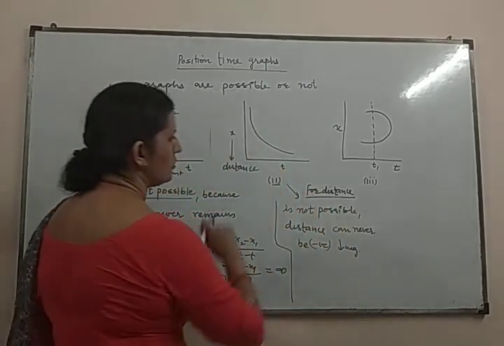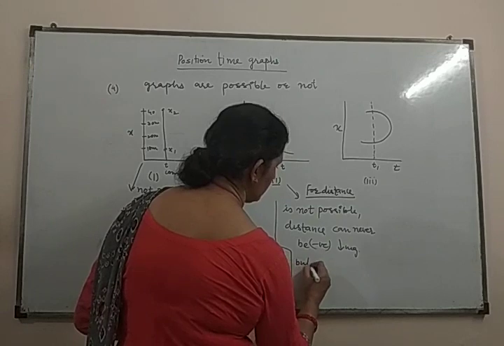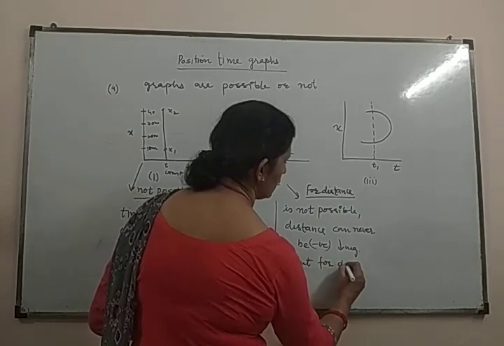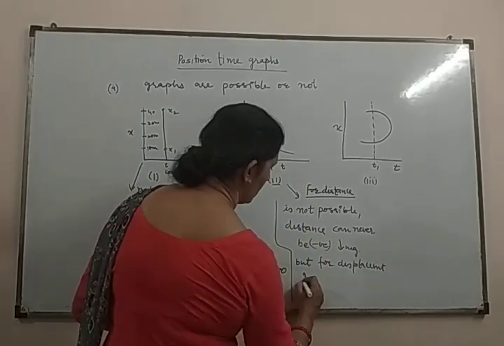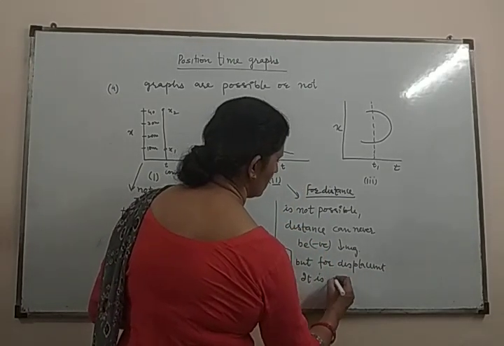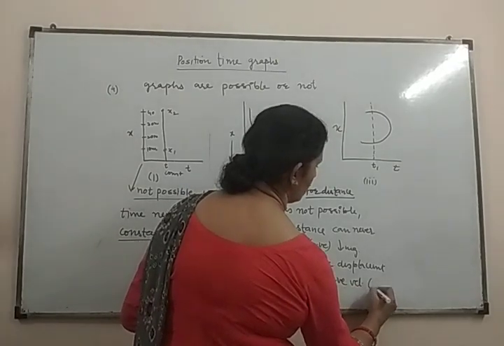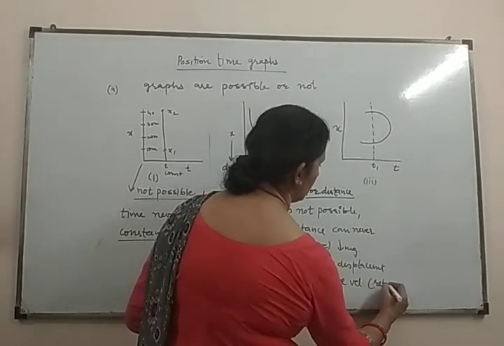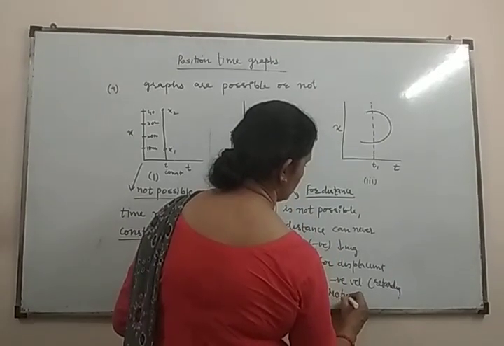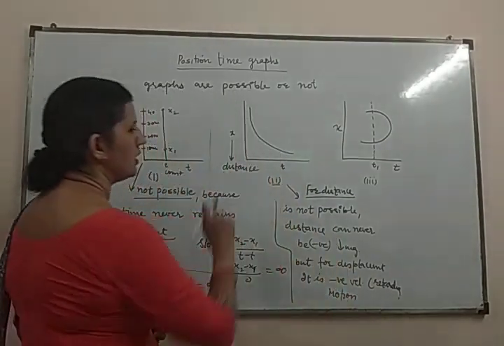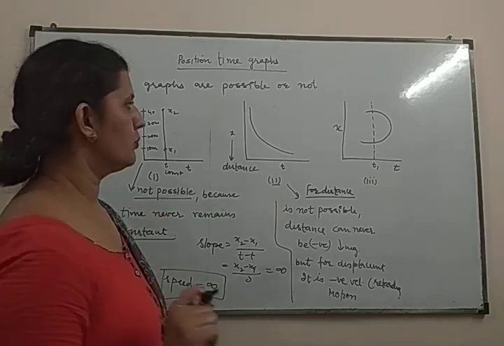So this graph is not possible for distance, but for displacement, it is the negative velocity, or you can say the retarding motion. So for displacement, this graph is possible. For distance, this graph is not possible.